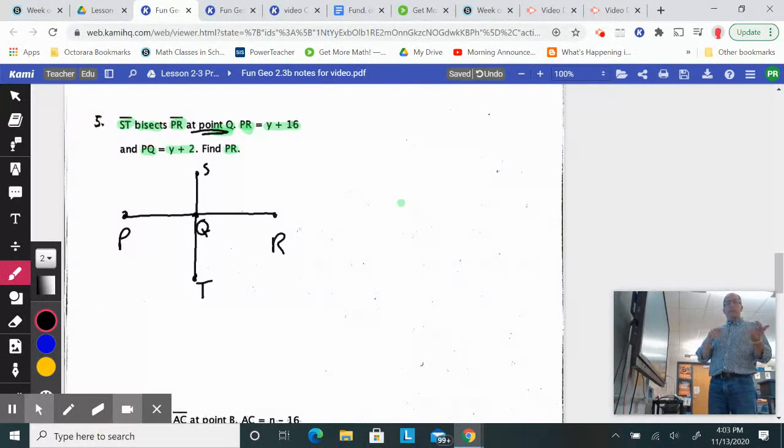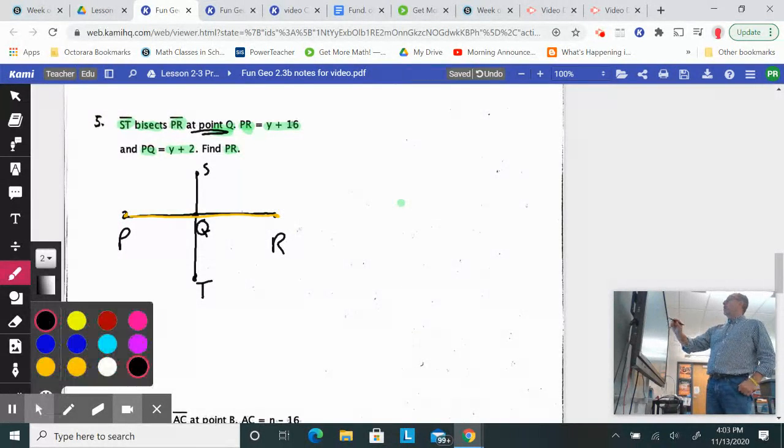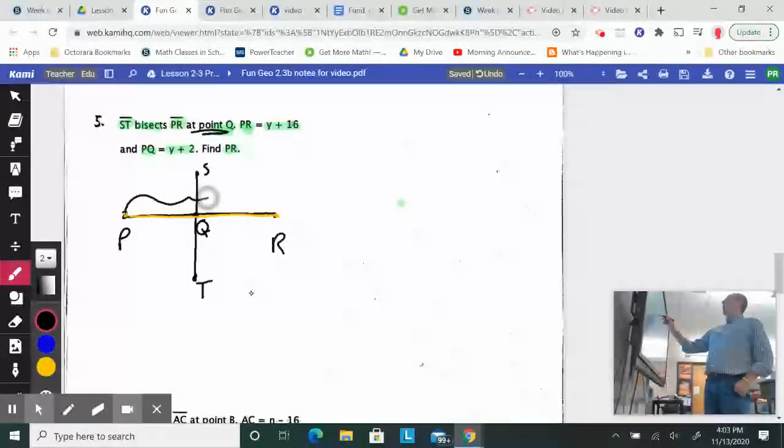Now, let's put in some clues to help us find the distance of P to R. We're supposed to find the distance from P to R, which is from here all the way to the end, R. We do know that from P to R equals Y plus 16. So that whole distance from P all the way to R is Y plus 16.